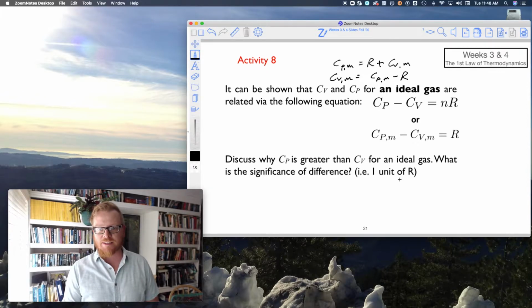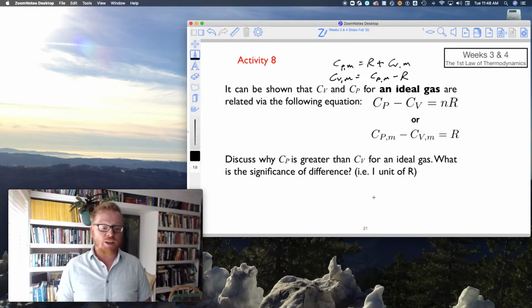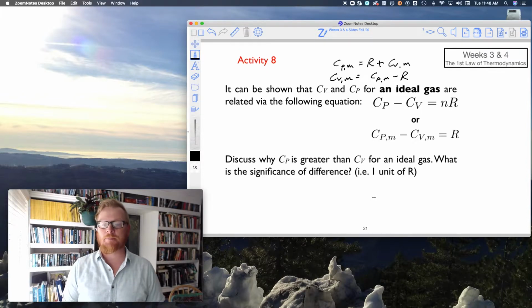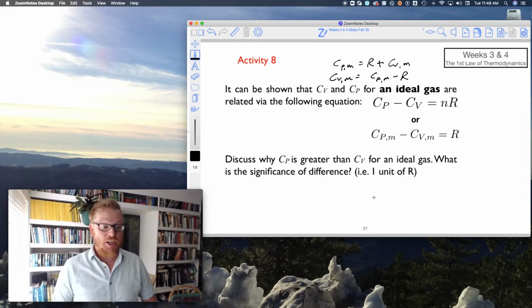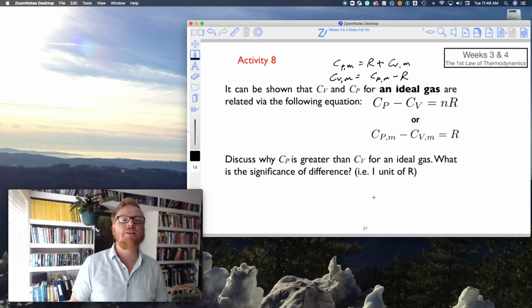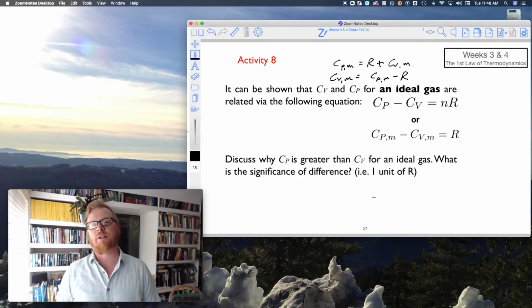And what's the significance of 1 unit of R? 2 degrees of freedom. And what are those 2 degrees of freedom? Those 2 degrees of freedom are either changing the volume or changing the pressure, which I realize is a little bit different than the ways we talked about degrees of freedom before.